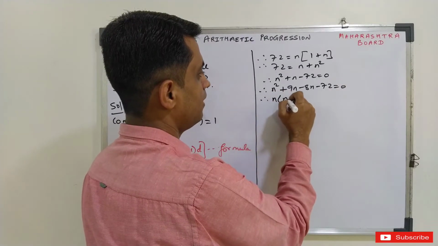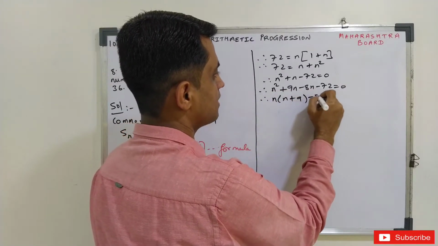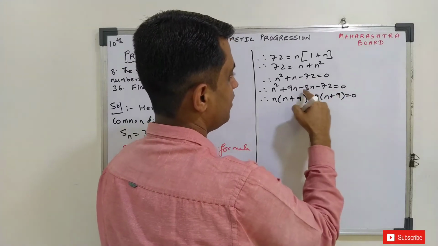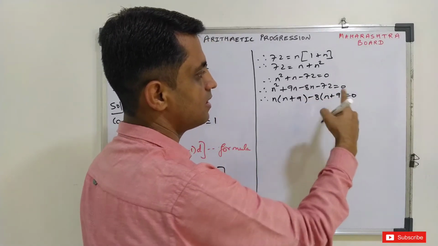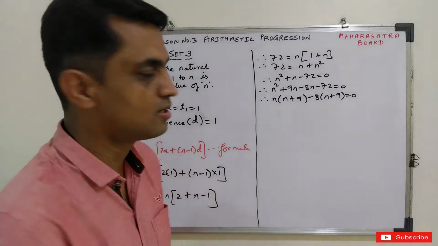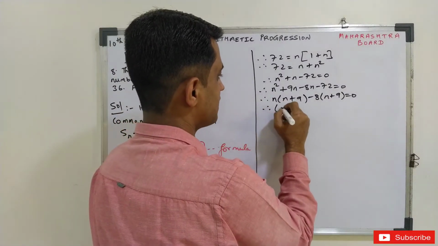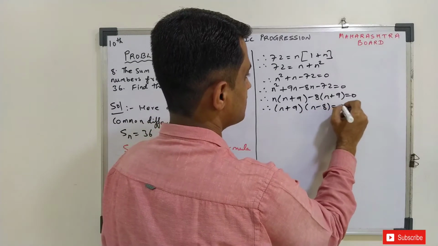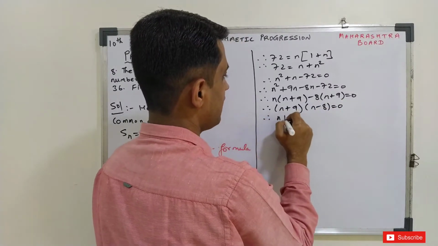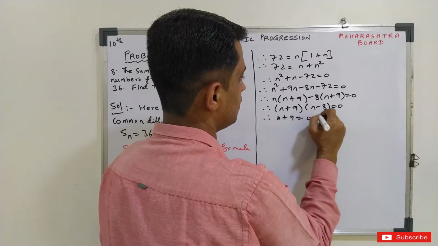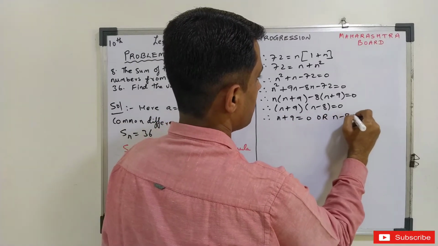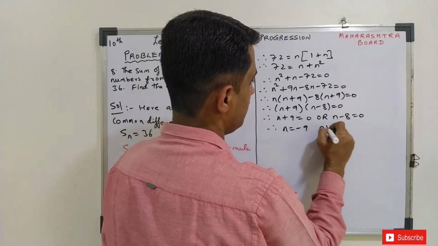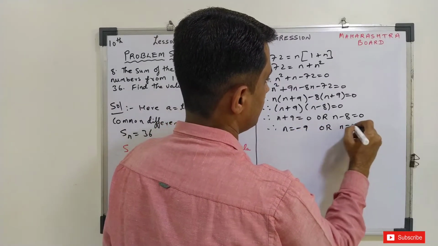So n common, n plus 9, minus 8 common, n plus 9. Whenever you take out minus common, the internal sign will change. So brackets are the same: n plus 9, n minus 8 is equal to 0. So you get n plus 9 is equal to 0 or n minus 8 is equal to 0. So n is equal to minus 9 or n is equal to 8.